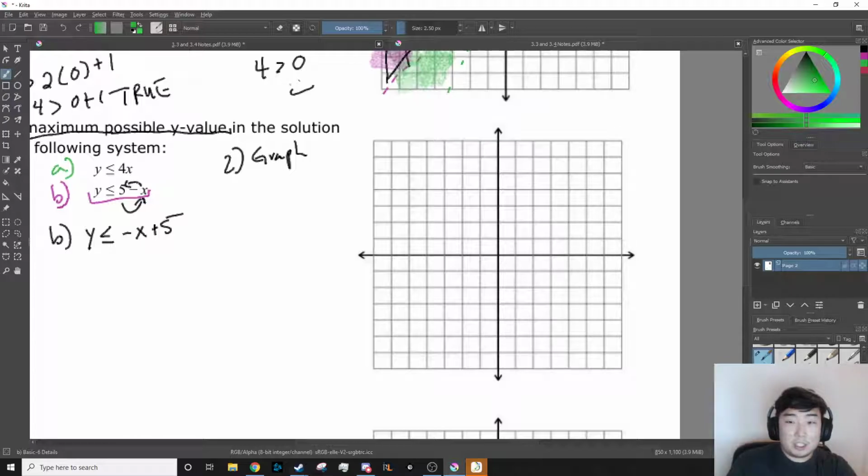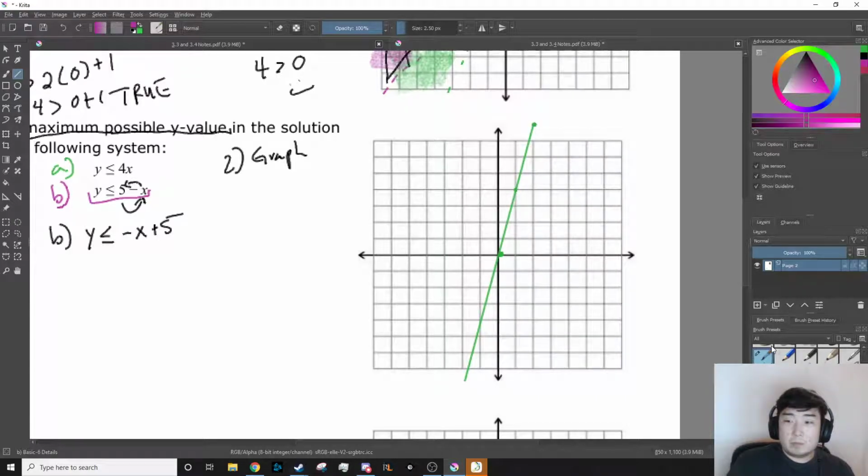This is a solid line, thank God, because I can use the line tool. 1, 2, 3, it's like right here. So I'm just going to use the line tool. And like here, that's good.